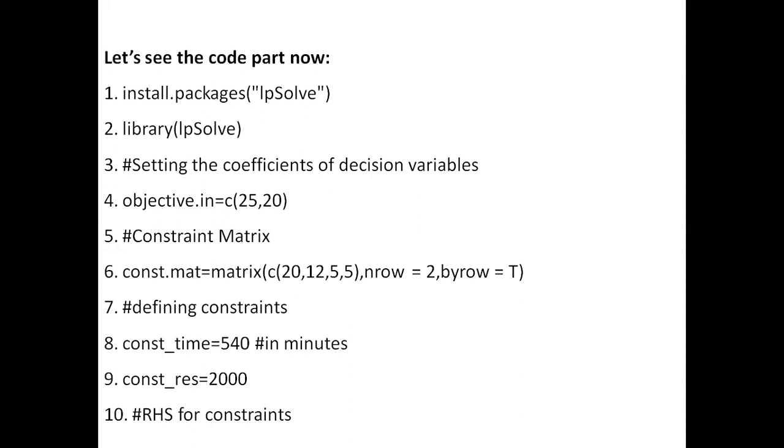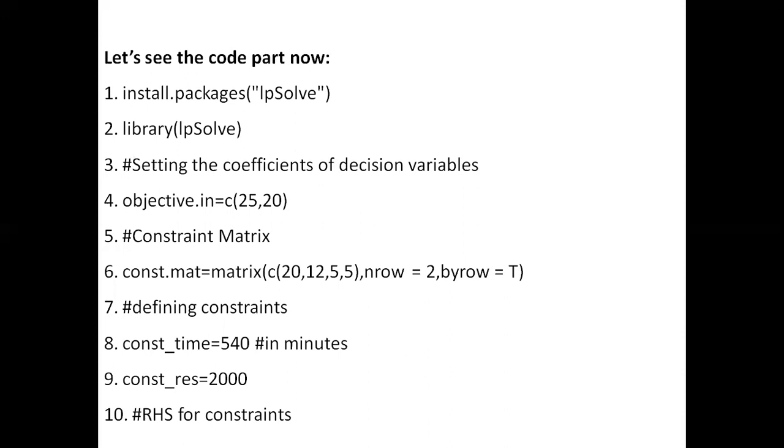And third one is setting the coefficients of the decision variables. The major objective from the problem is how much quantity will be manufactured out of 9 hours of working time, and for each type of product, type A is 25 rupees and type B is 20 rupees, and how much economic factor is also involved.